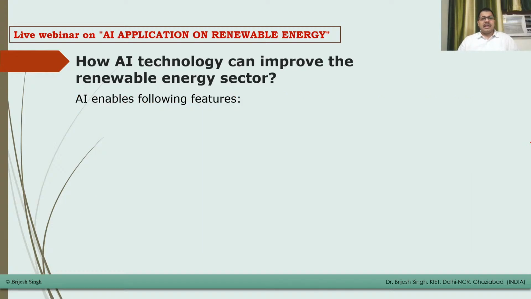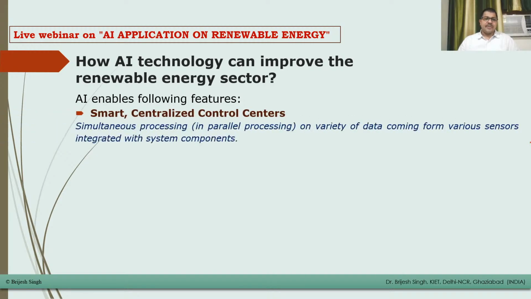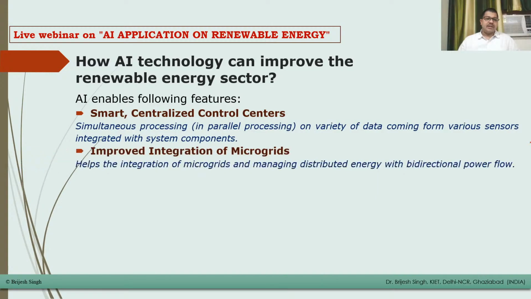So AI enables the following features in the renewable energy sector. First, smart centralized control centers, where simultaneous, parallel processing of a variety of data coming from various sensors is integrated with the system components. Second, improved integration of microgrids.